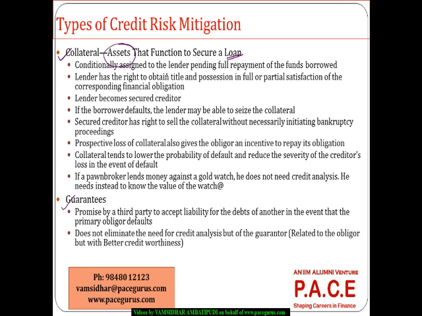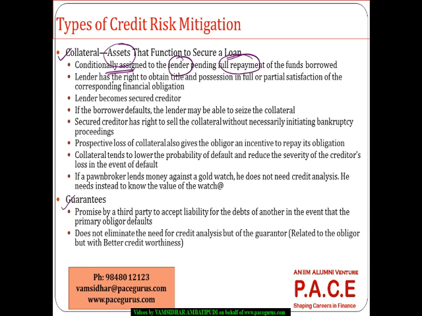As a borrower, I conditionally assign, let's say I am keeping my car as a collateral for a loan that I have taken. I am conditionally assigning that car to the lender, and I will get it back after I do a full repayment of the fund that I have borrowed.